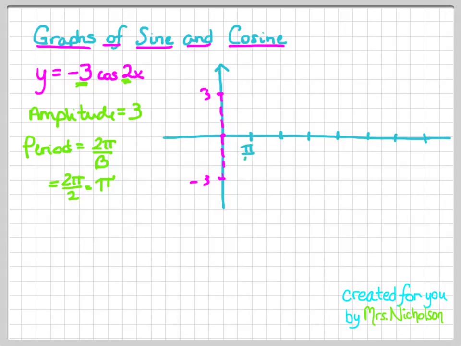I'm going to let each of those be pi over 4, just so the graph is big enough for you to see on the video. And so that means that pi would be right there.